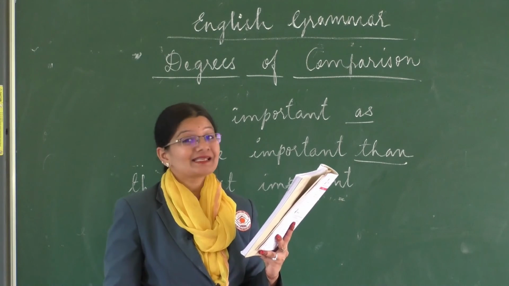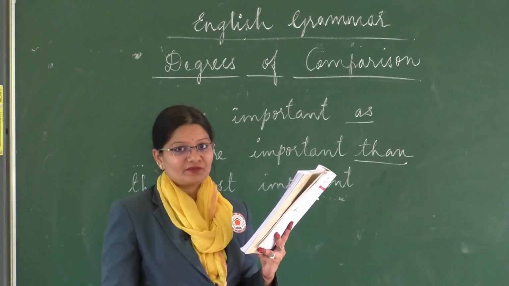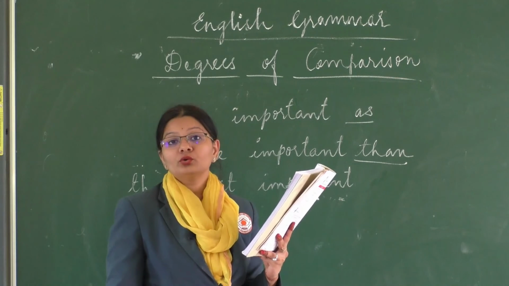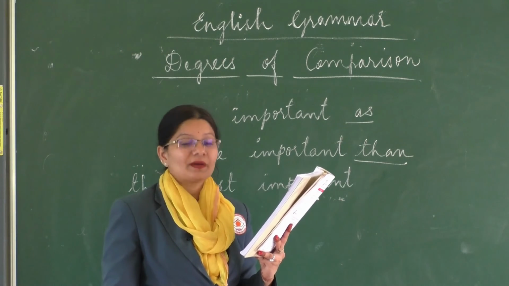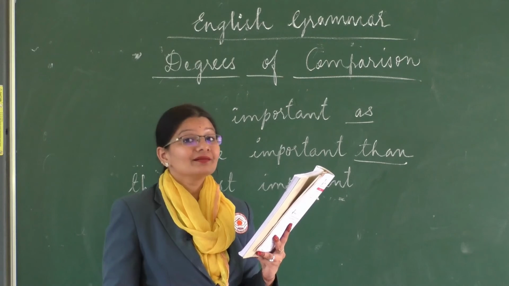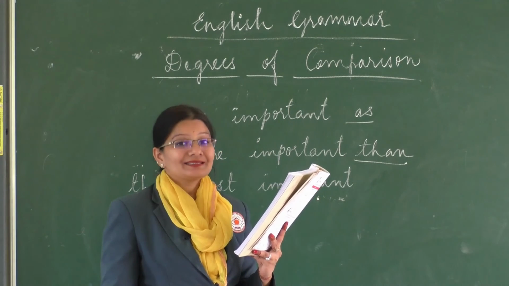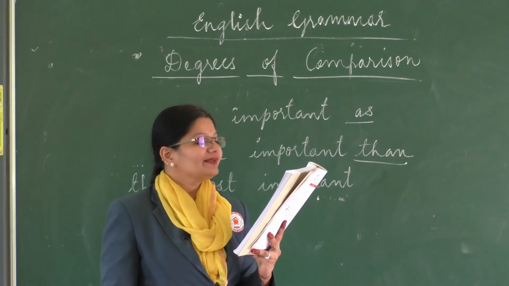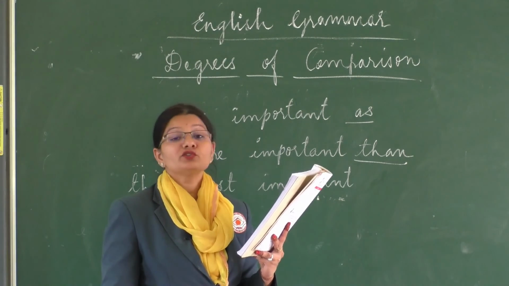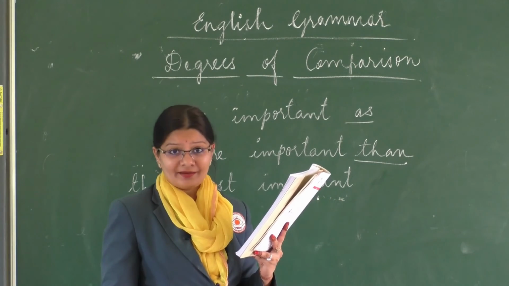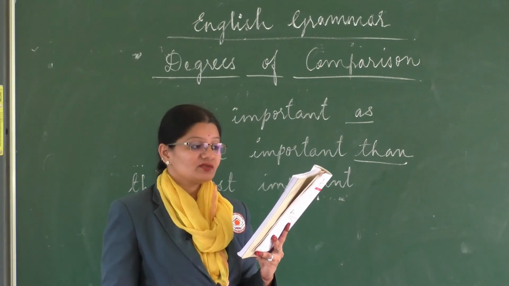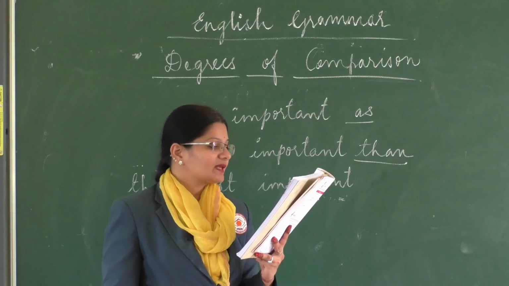Now best is identified as superlative degree. So I told you the rule that always the superlative adjective will be preceded by the, right? The article, the. So you will write, this is the best of the 2 songs. So please add that the before the best and write the sentence again.